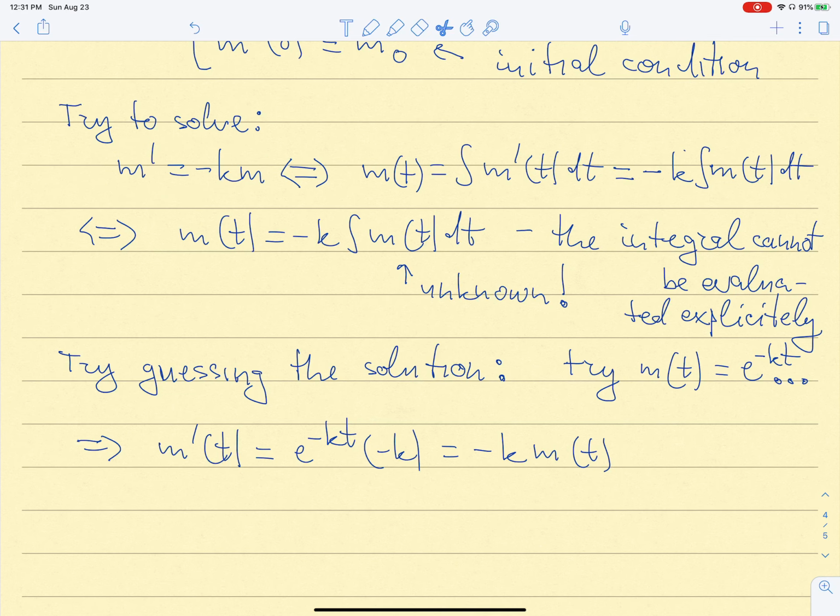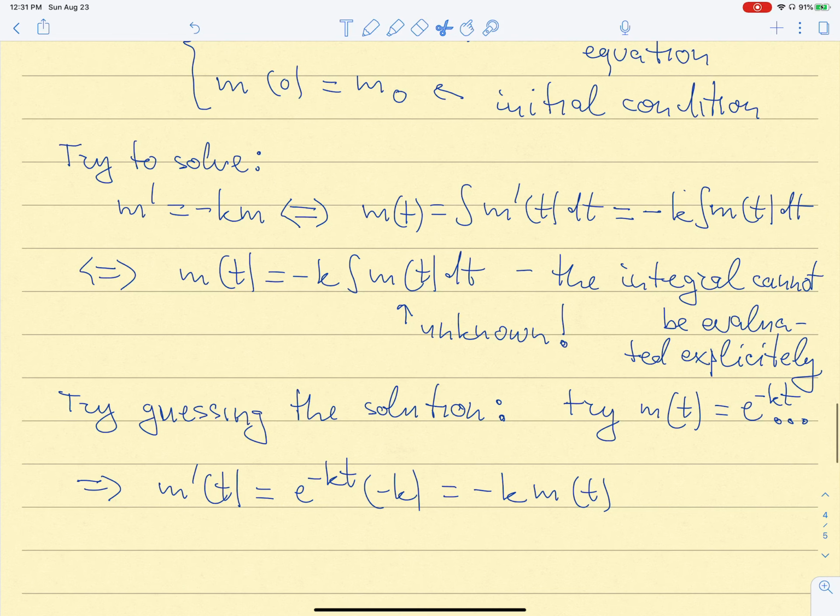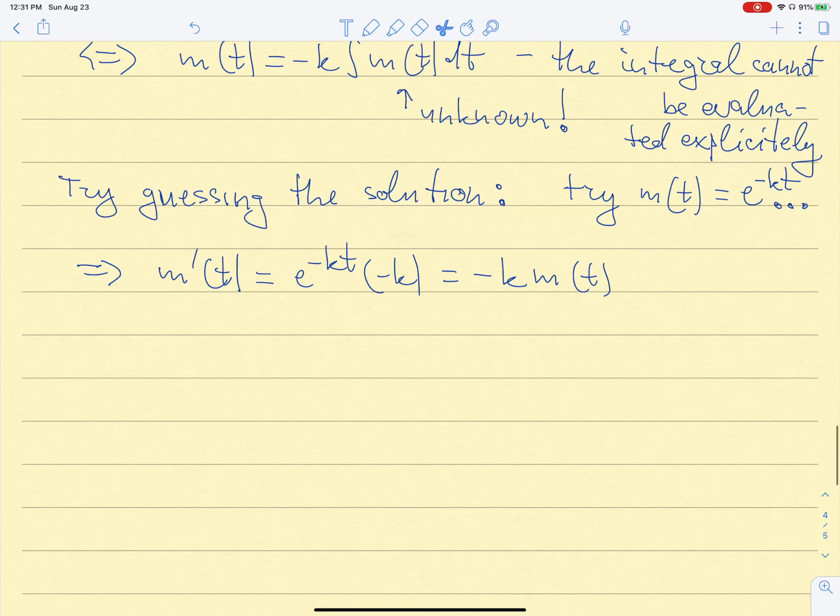All right, but I still need to satisfy the initial condition, right? So in this case, I don't actually have any unknown constants. m of t equal to e to the minus kt, I know precisely what it is because supposedly the coefficient k is given to me, since it must be somewhere in the conditions of the problem.